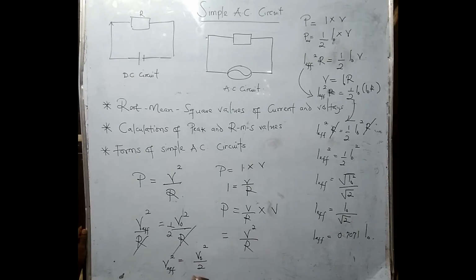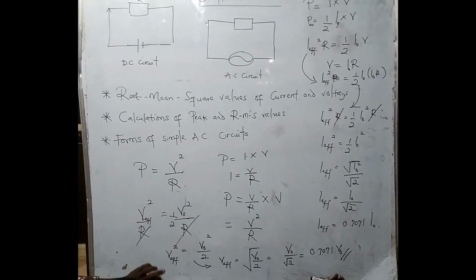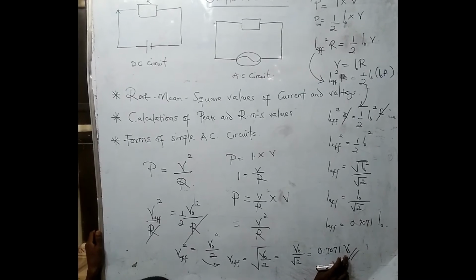Squaring both sides, we are left with V effective is equals to V naught over square root of 2, which still gives us a similar answer, which is 0.071 V naught.